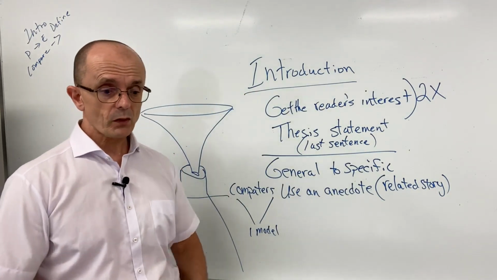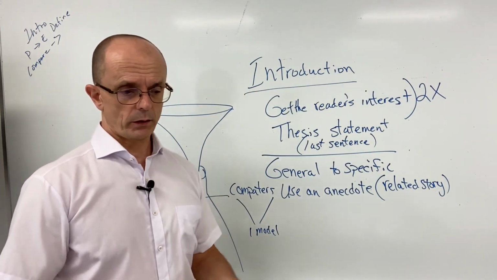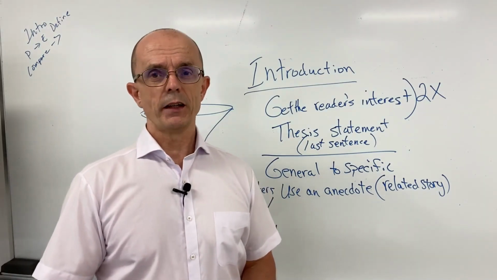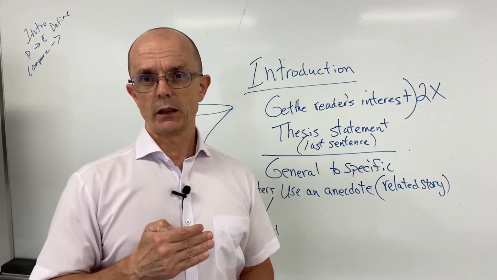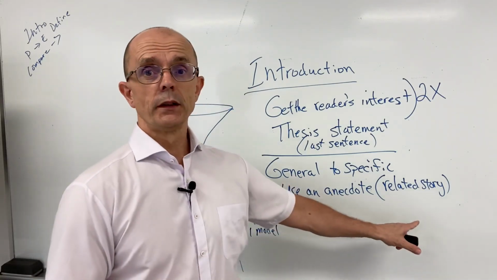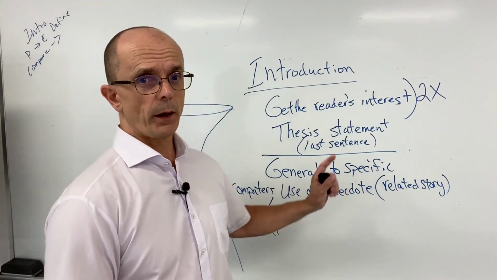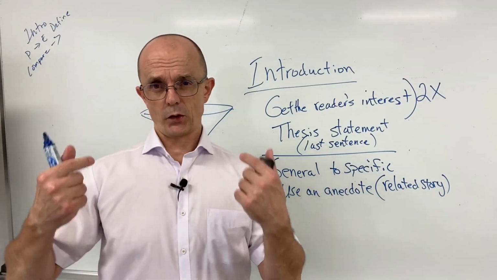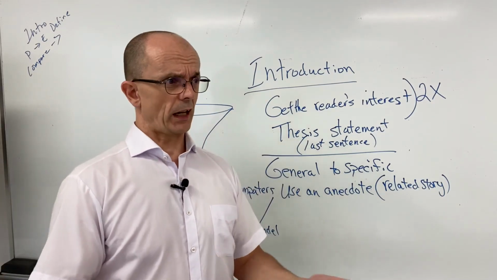Today, in my phone, I have more computer processing power than that entire room of computers had. So that's an anecdote, a related story about my topic, about computers getting better, faster, stronger, cheaper. That's the other thing.